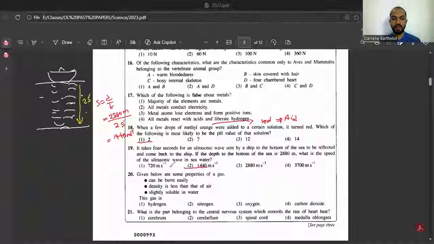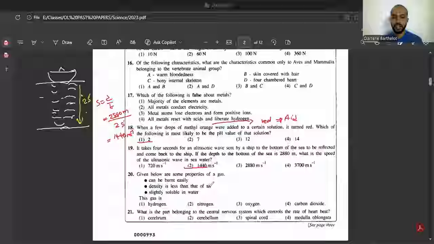20th question. Given below are some properties of a gas. Can be burnt easily, density is less than that of air, and slightly soluble in water. Okay, so if it can burn easily, it should be a combustible gas. So out of the gases given here, hydrogen is the combustible gas. That's why in the hydrogen test, when we are inserting a lighted splint, it will give a squeaky pop sound because it is a combustible gas.